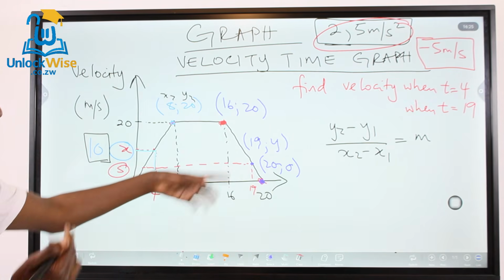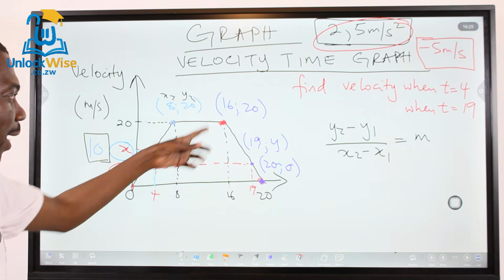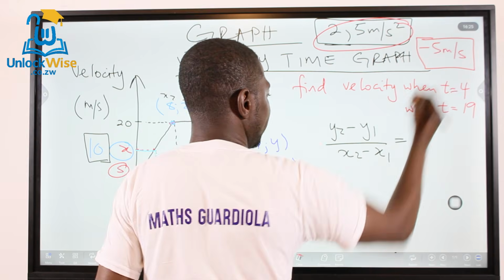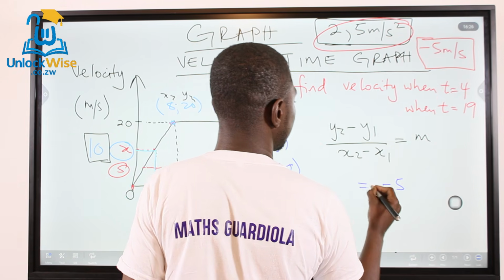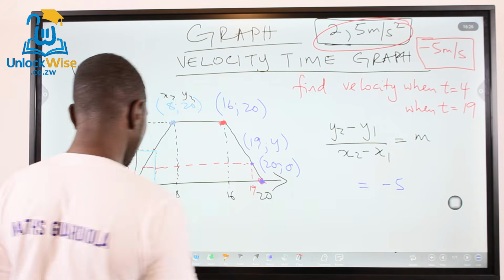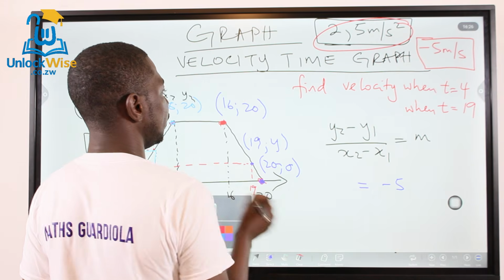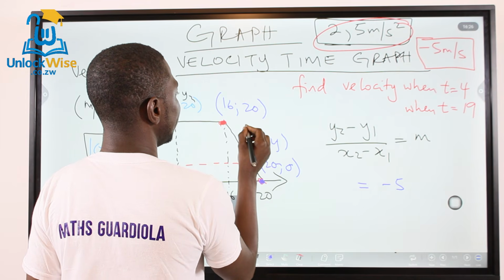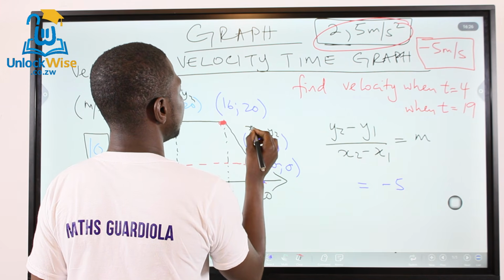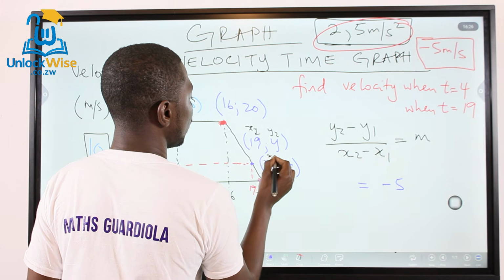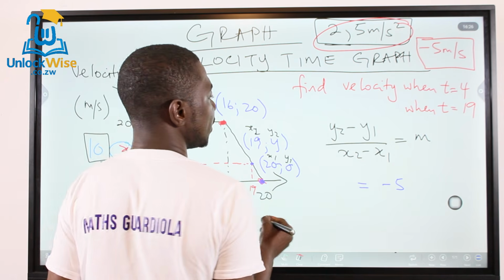But what is going to happen here is our gradient is the same on this line, which means that we are going to have minus 5 here, which is equal to, let me call one of these x1, x2, y1, y2. So this is going to be my x1, y1, and this y2, x2, so that when I subtract, I will have this as positive.